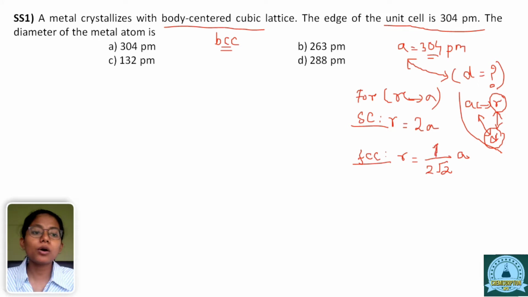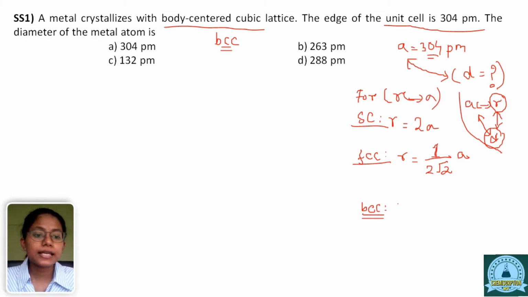These equations you will get in the book, and I have also made videos on how to derive them. If you can remember them, it is good, and I suggest you remember these equations so that you can use them directly to save time. But even if you can't remember them, just remember how to derive them.